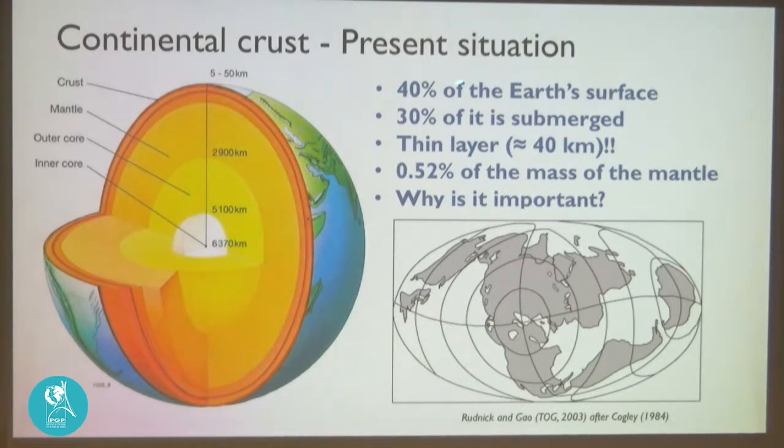It represents 40% of the surface of the planet, and it doesn't look like that when you look at a map, but in fact 30% of the continental crust is underwater and is not really seen, so the surface is a bit larger than one imagines. It's a thin layer, on average about 40 kilometers, and in terms of mass, that's what's important, it's only 0.52% of the mass of the Earth. It is in fact very little.